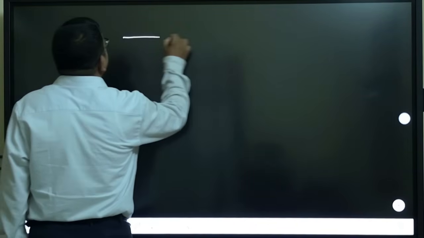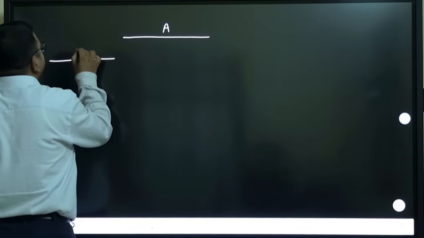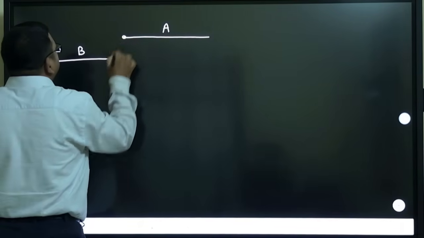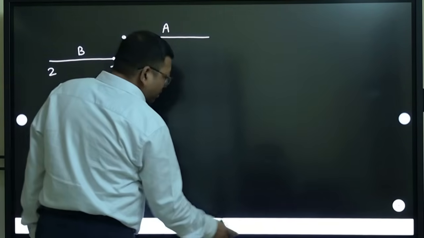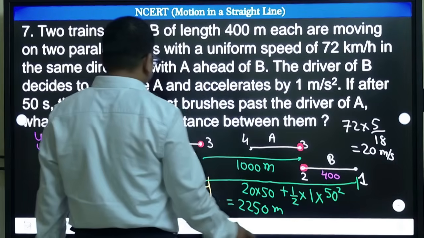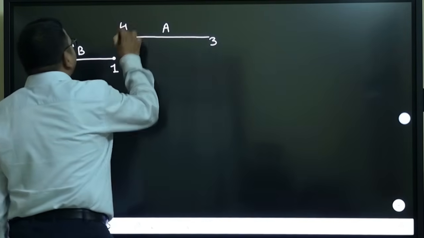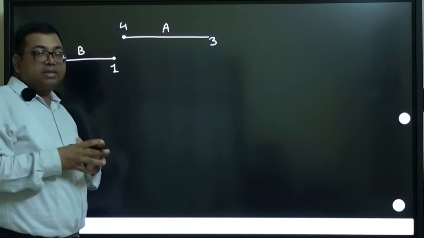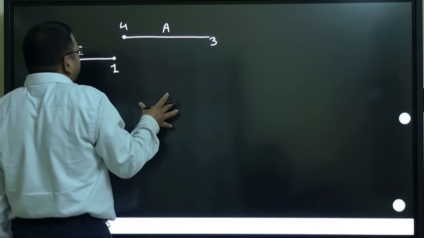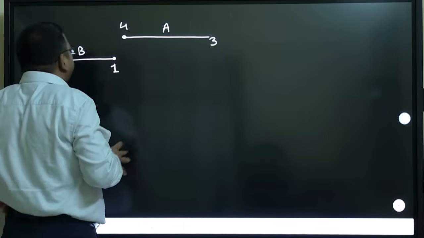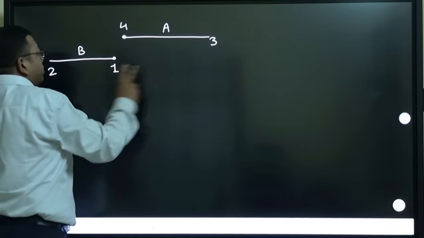So this is A and this is B. These points I have taken, this is 1, 2, and previously 3, 4. 3 is the front part, 4 is the back part. Right now they have the same speed initially. Now this starts under acceleration, so point 2 is going to cross 3.